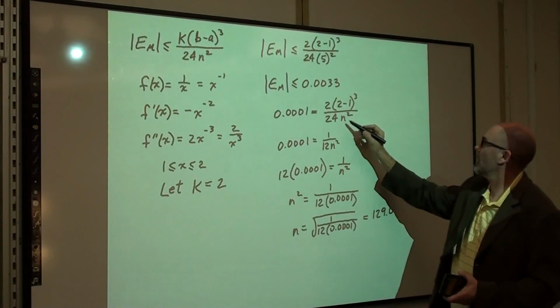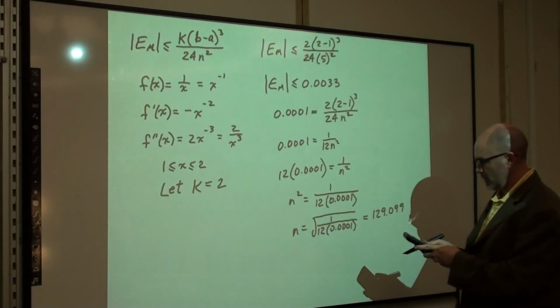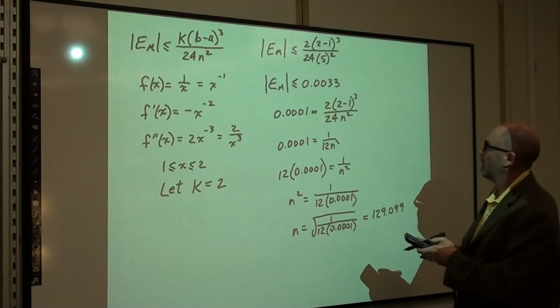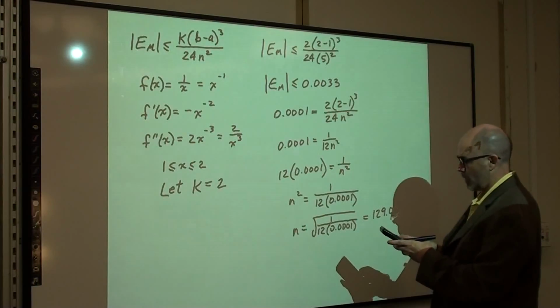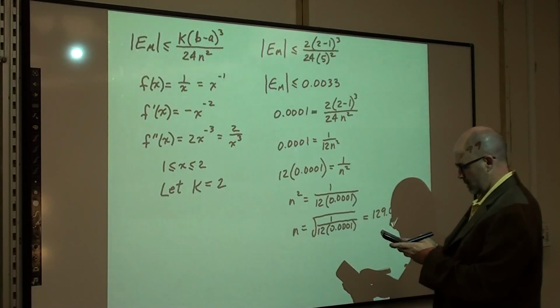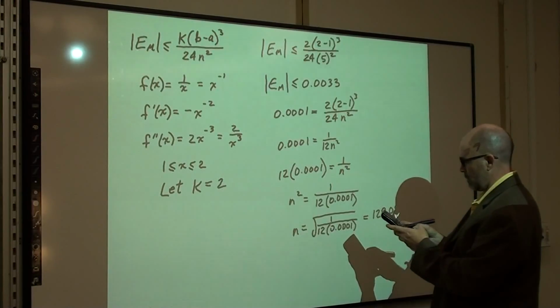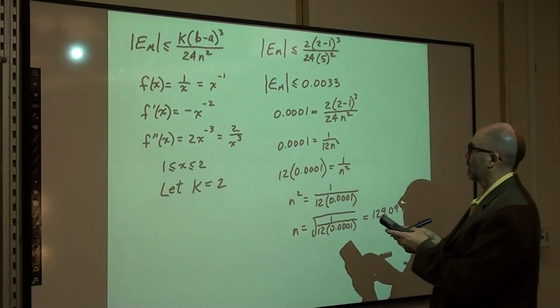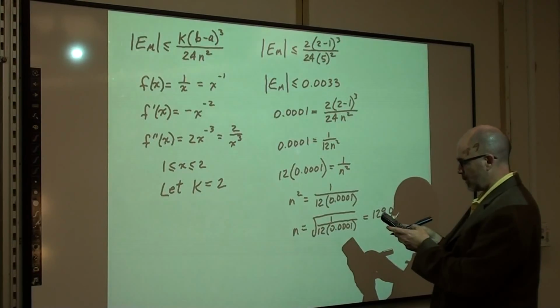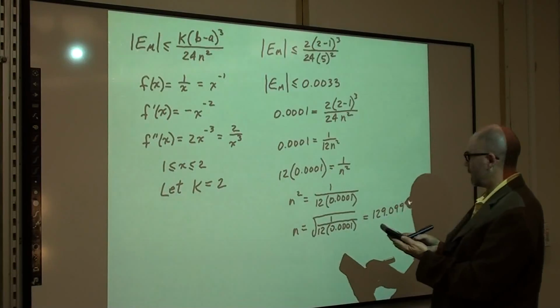Okay, if we just start up here, 2 over 24 is 1 over 12. And then I'm just going to multiply, so I'm going to take my 0.0001, multiply by 12, reciprocate the whole thing, and take the square root. So what the heck was I doing?